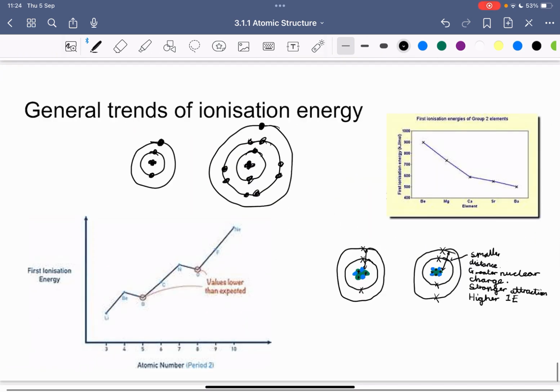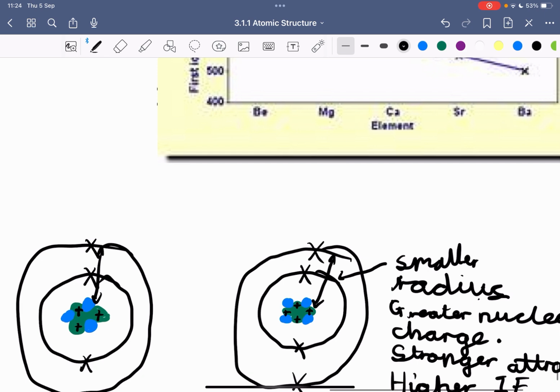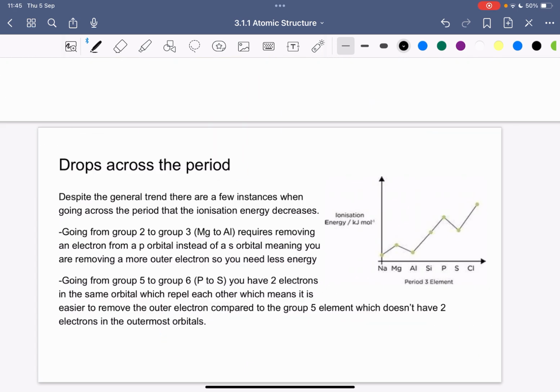By the way, for your exam, I wouldn't really use the word distance, I'd use the word radius. That's just what exam boards prefer. And I'd say smaller atomic radius.